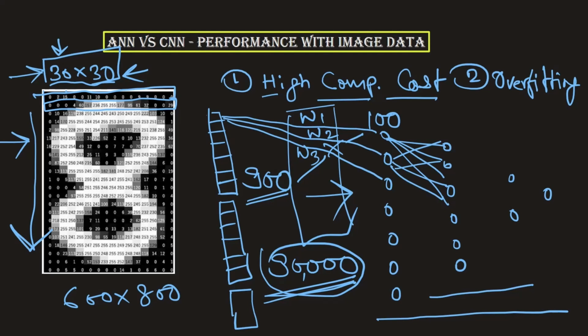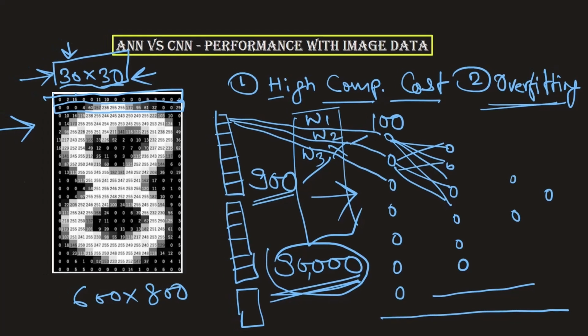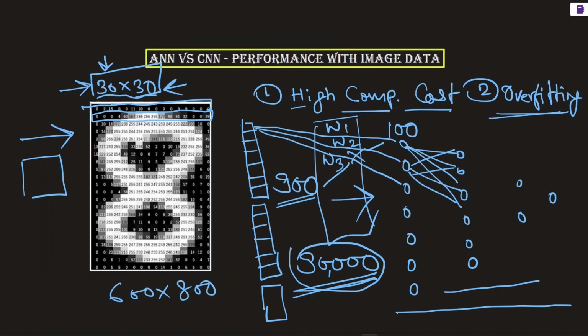So the dependency is really high because it is trying to capture each and every minute detail, and this will definitely lead to overfitting. So what I'm trying to say is, if you are trying to train your ANN architecture, let's say on this particular data, then it will minutely learn the position, pattern or feature of this number 8. So let's say in the image you have the number 8 located like this.